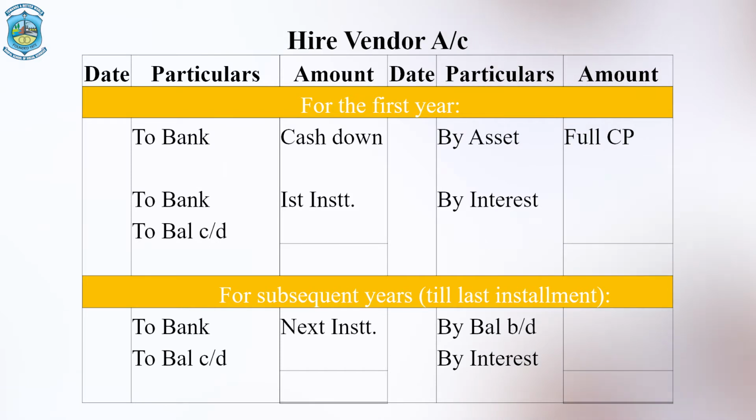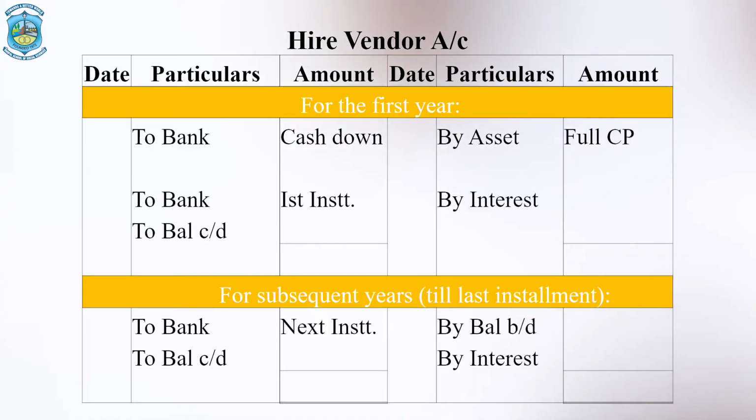Why? Because you have already created a liability with the entire amount in the very beginning of the year. Now henceforth, as and when the installment becomes due, you will credit interest in the hire vendor's account and will make the payment of the installment at the end of each year as to bank in the debit side. Therefore, from the second year onwards, just two entries are to be passed.